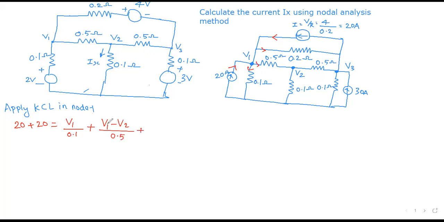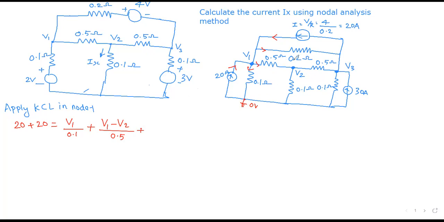Here we cannot write V1 by 0.5 as in the previous step because the 0.5 ohm resistor is connected between two voltages. You might ask, sir, there may be a voltage at the other end of the 0.1 ohm resistor. Actually, this is maintained at ground potential, it is 0 volts. So V1 minus 0 by 0.1, that is why I have used V1 by 0.1.